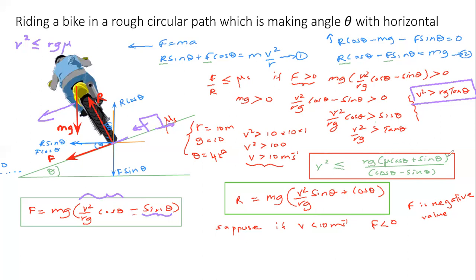But now here, if I consider this term, I can write Rg into mu cos theta plus sin theta divided by cos theta minus sin theta. This term is greater than Rg mu. Is that clear? It is not appearing so, but we can do some simplifications to show that. Wait, I will rewrite this.